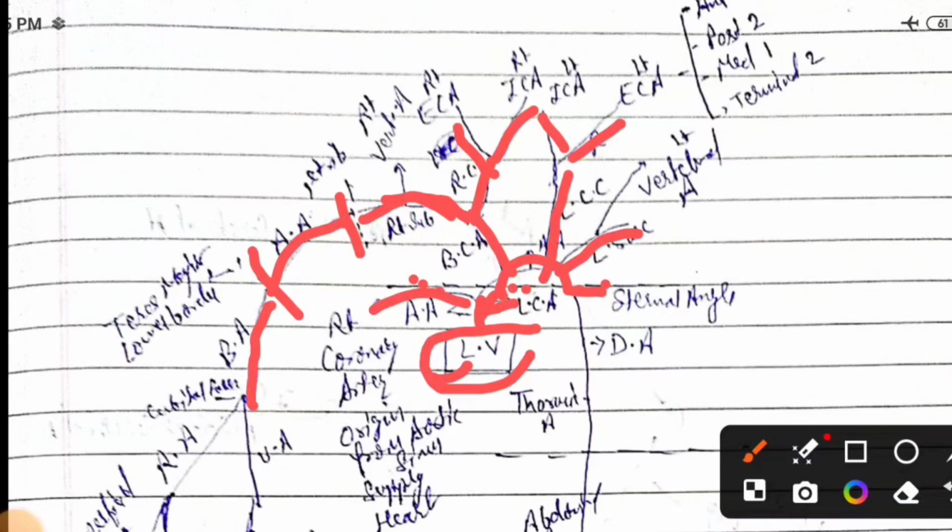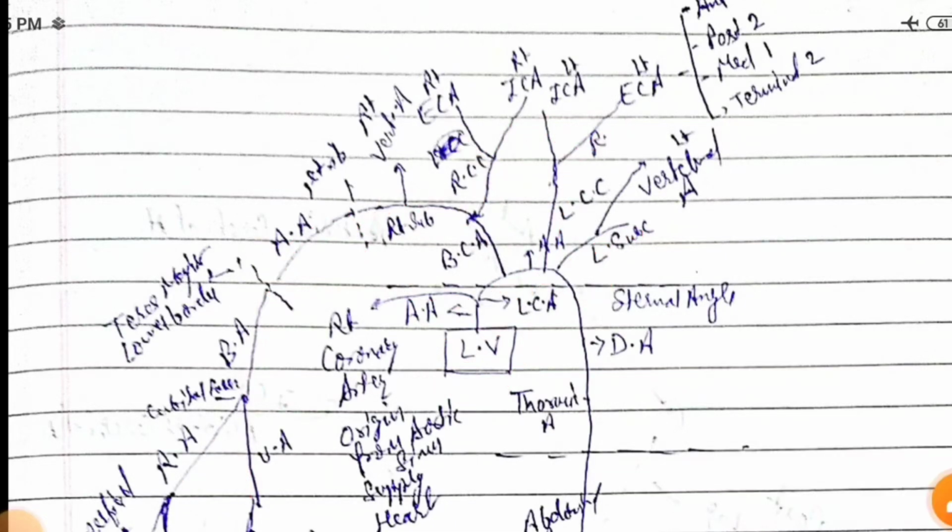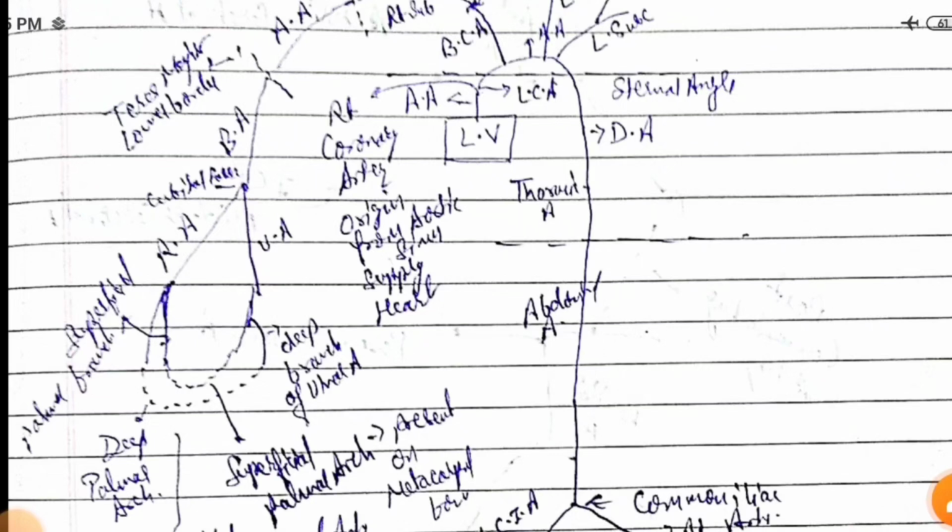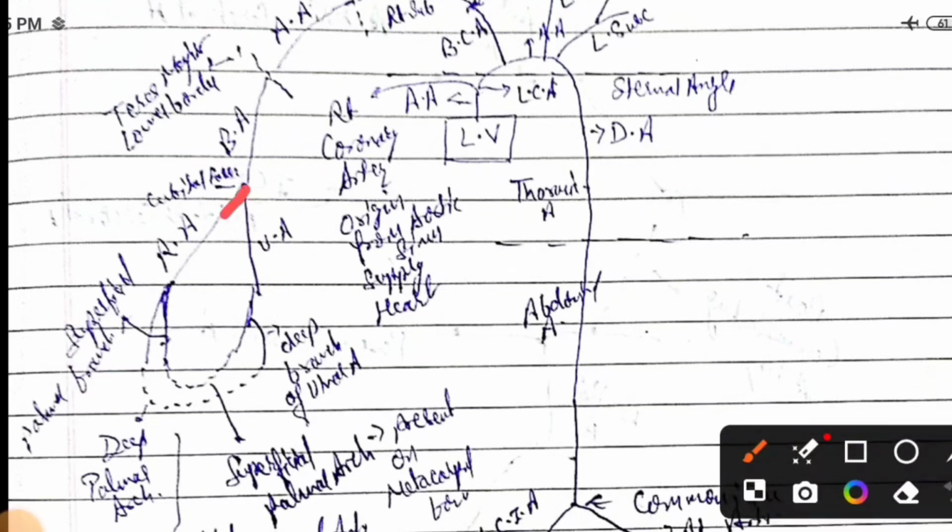From the cubital fossa, this artery divides into two, the right radial artery and the ulnar artery. Likewise on the left hand, the left radial and left ulnar.